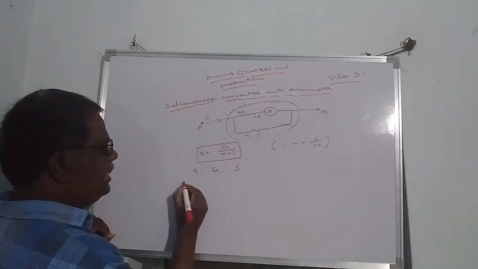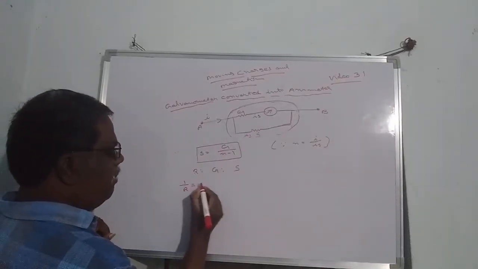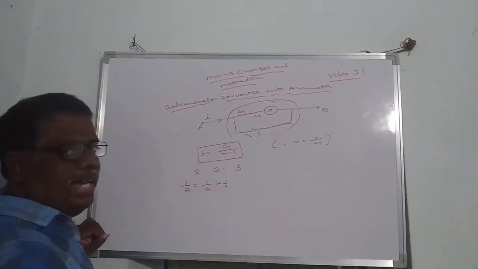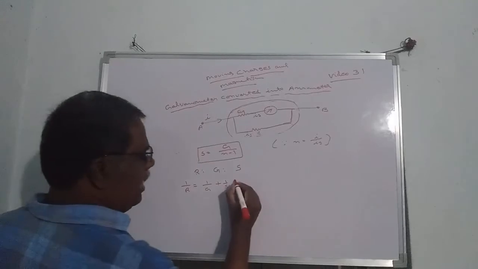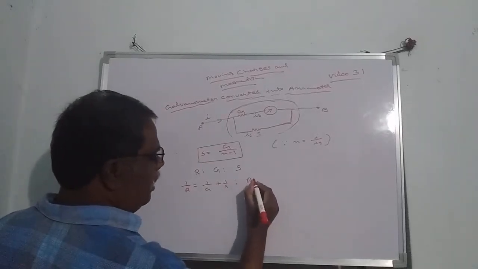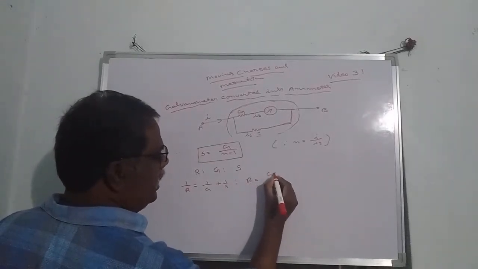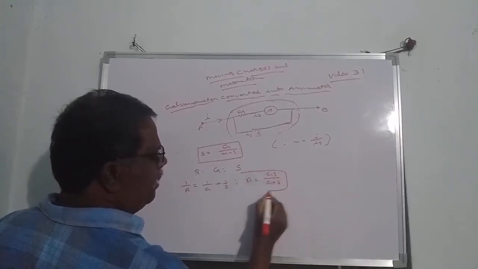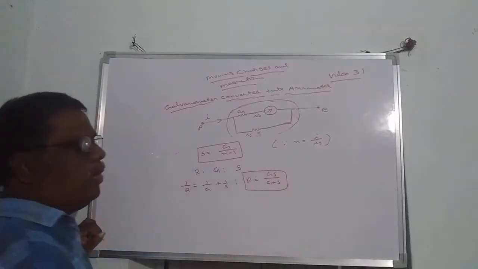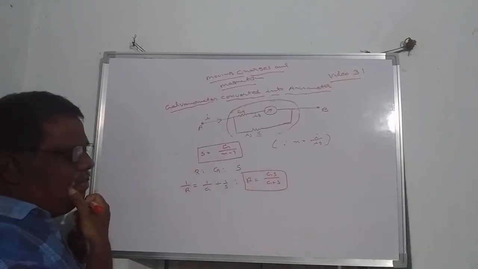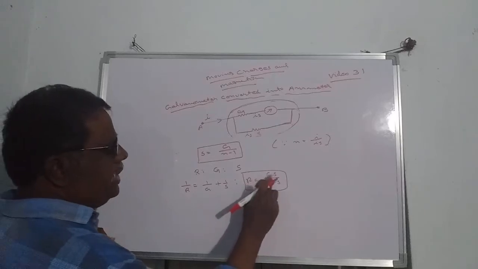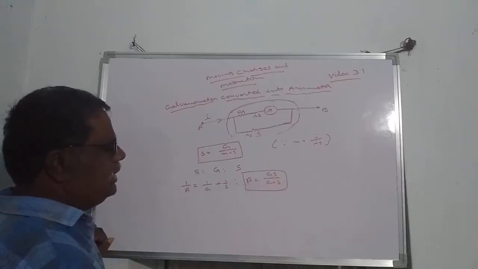When resistors are in parallel, we know that 1 by R is equal to 1 by G plus 1 by S. Therefore R is equal to GS by (G plus S). So this is the total resistance between the points A and B.